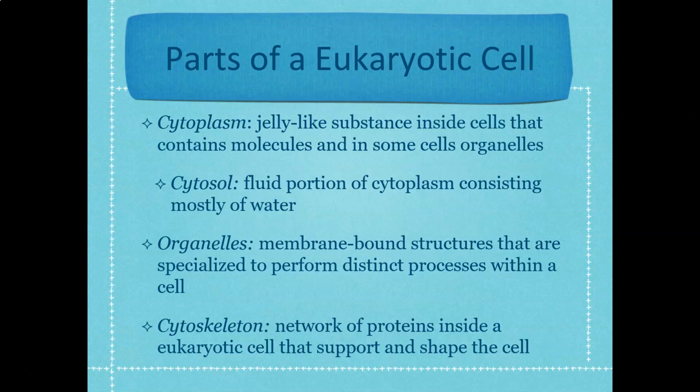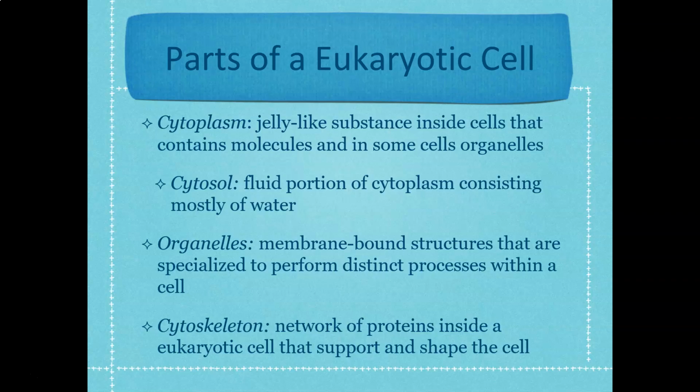It contains the molecules, the chemicals, your organelles. It's just kind of everything inside the cell membrane. If we specifically talk about the fluid portion of that cytoplasm, then you may come across the term cytosol, and most of that is just water, and then the dissolved solutes, the sugars, the proteins, ions, salts, that kind of thing that are dissolved in it.